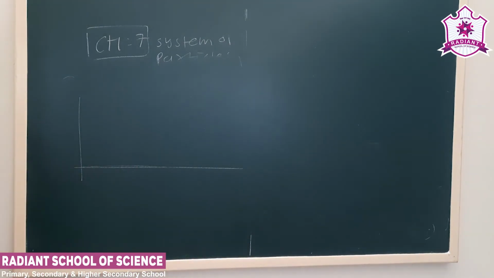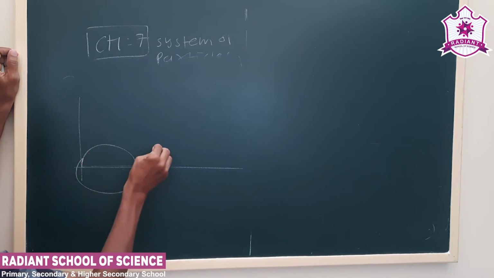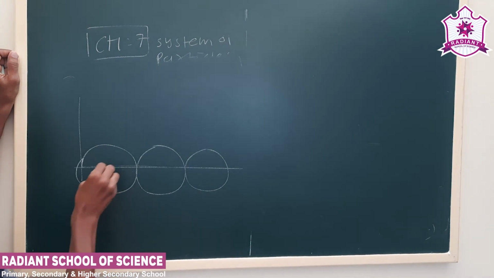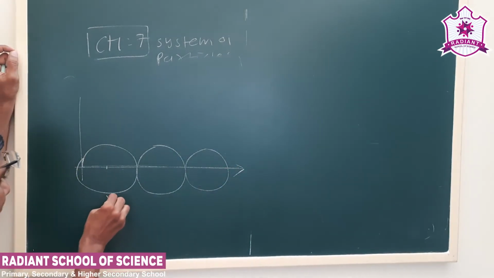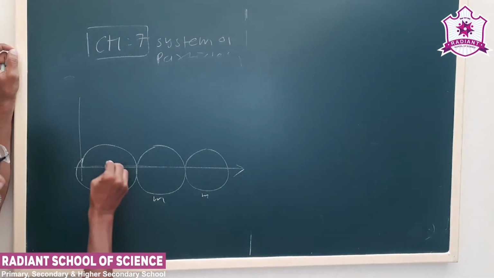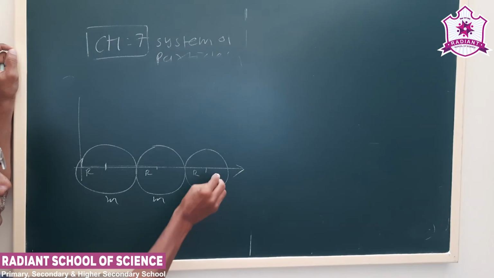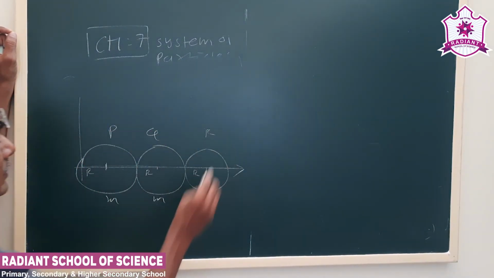Now see here, there are three spheres, each having the radius r. Each mass is m. What will be the center of mass of this?